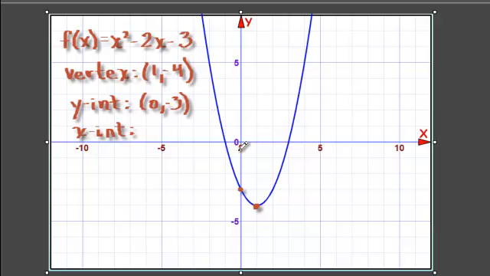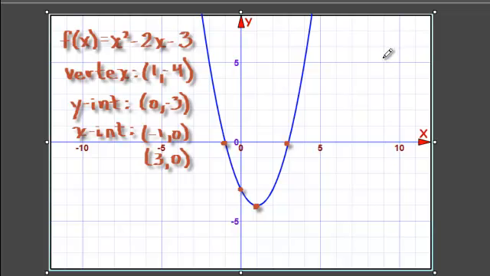The x-intercepts, we have one here, and we have one here. These occur at negative 1, 0, and we have another one at 3, 0.